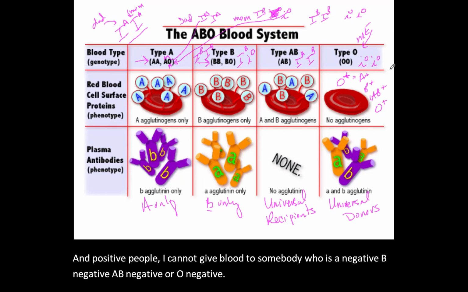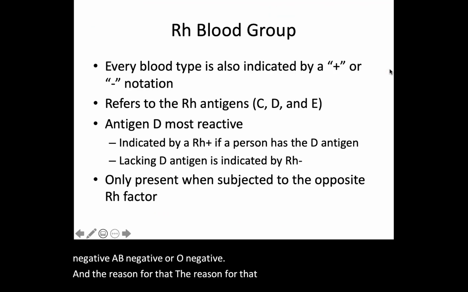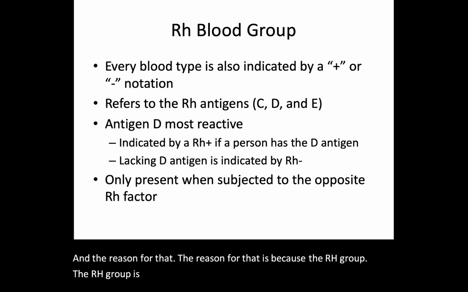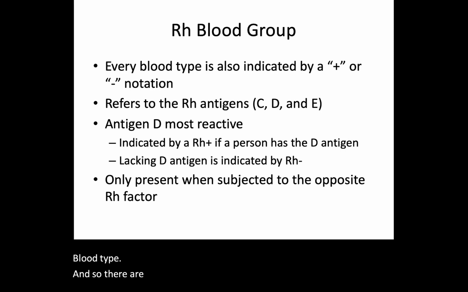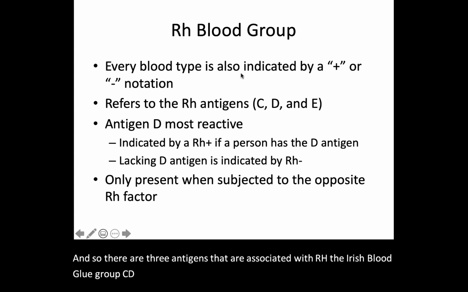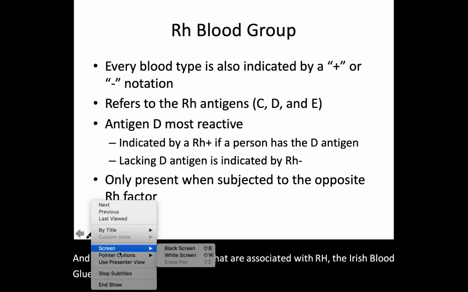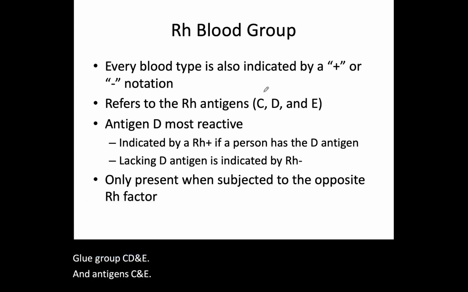And the reason for that is because the Rh group is the second reactive group that we use to define blood type. And so there are three antigens that are associated with the Rh blood group: C, D, and E. And antigens C and E are negative, but if you have the D antigen, then that is positive.